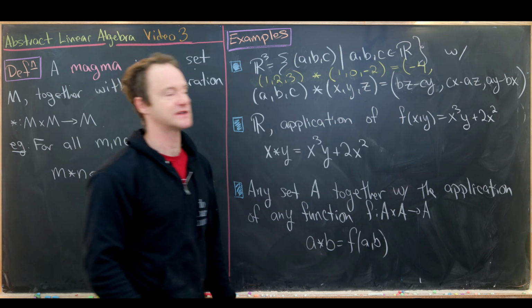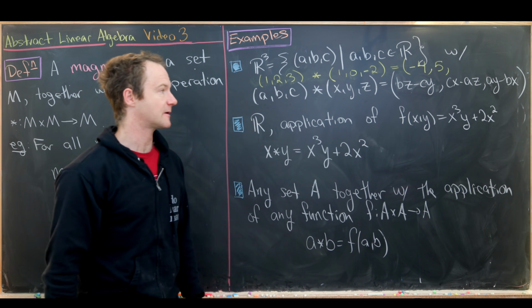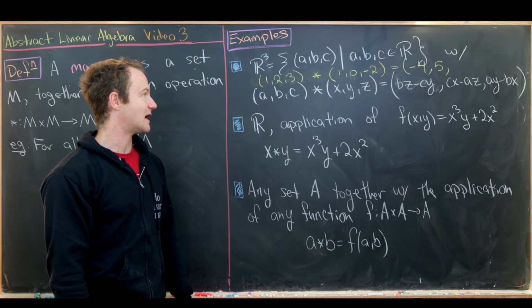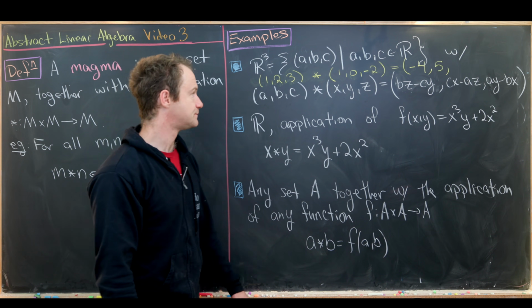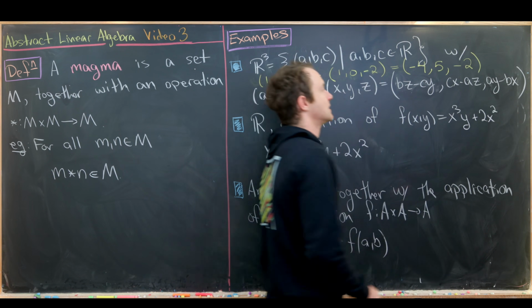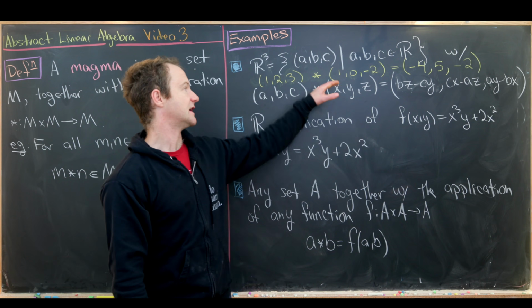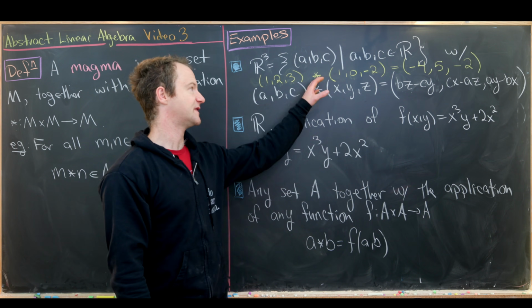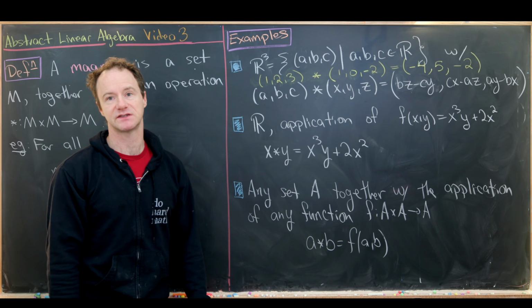So that's going to be 3 plus 2, which is 5. So we have 5 in this entry right here. And then finally, ay minus bx. So that'll be 1 times 0 minus 2 times 1. That'll give me minus 2. So if we were to combine the elements (1, 2, 3) and (1, 0, minus 2) with this operation, we would get (minus 4, 5, minus 2).